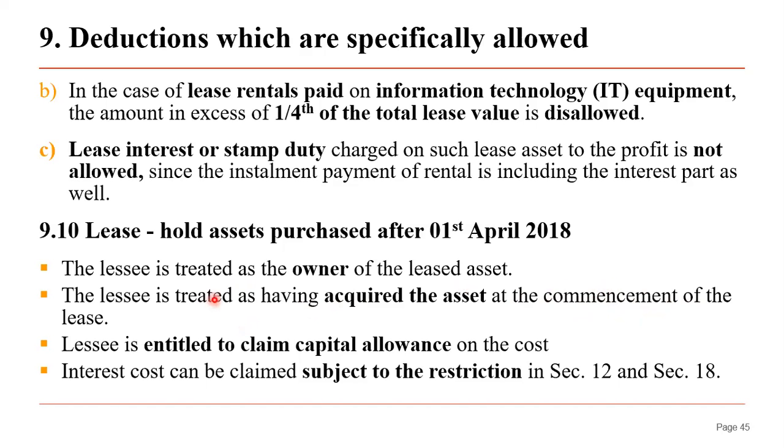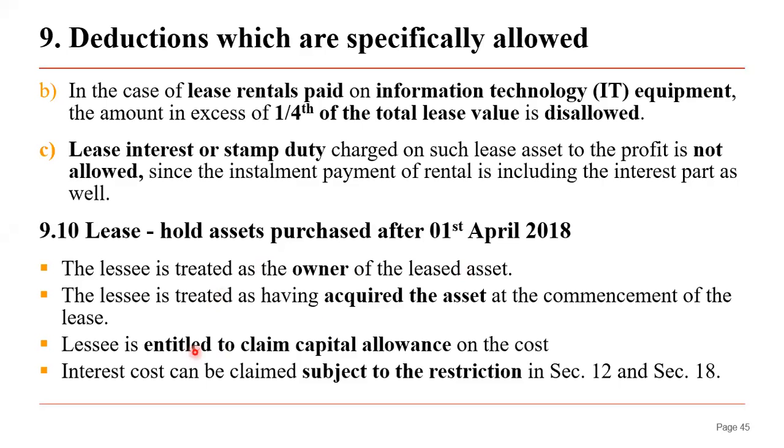Let's say a company has taken a lease in the year of assessment 18/19. From that year onward, they are required to consider it as a capital asset, a depreciable asset. Then they can claim capital allowance on that lease asset.